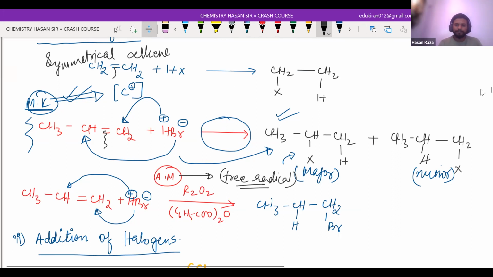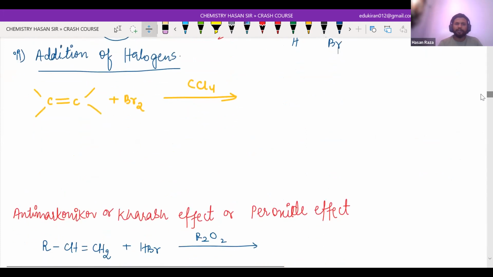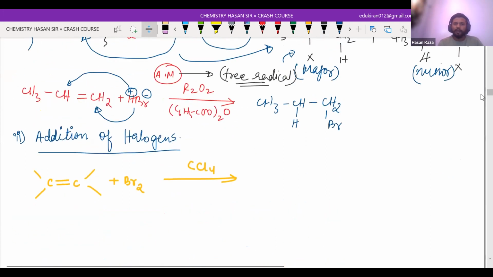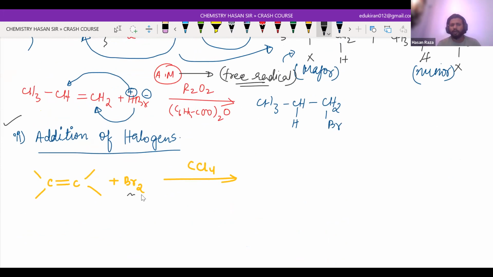Now see, the next preparation is from halogens. Wait a minute. Another preparation of haloalkanes is from addition of halogens, and this is very easy. Vicinal dihalide will form. What will happen if you add Br2 in the presence of CCl4 to an alkene? The bond will be broken, and this is what you will get.